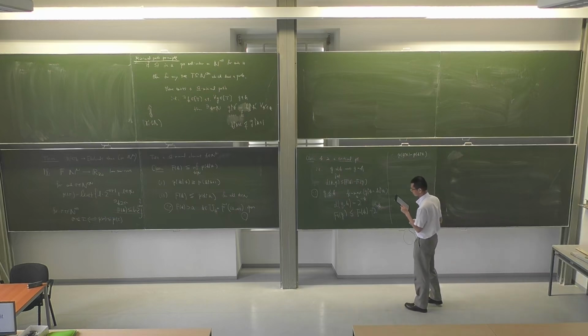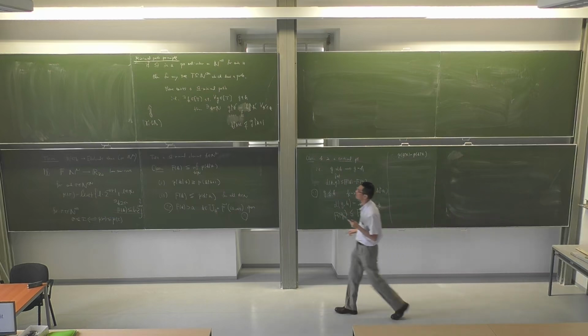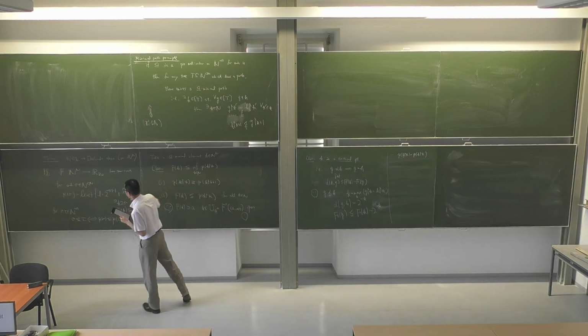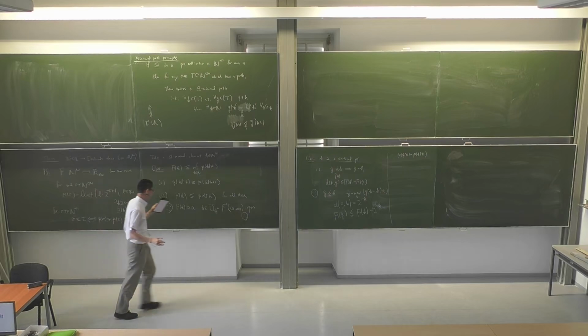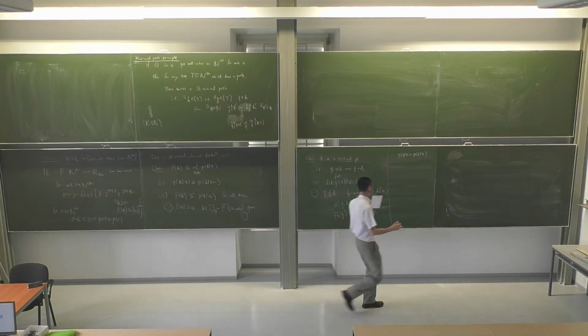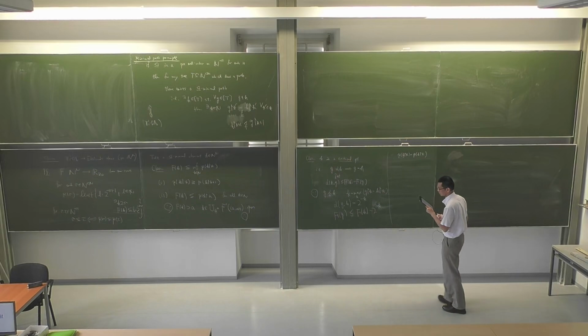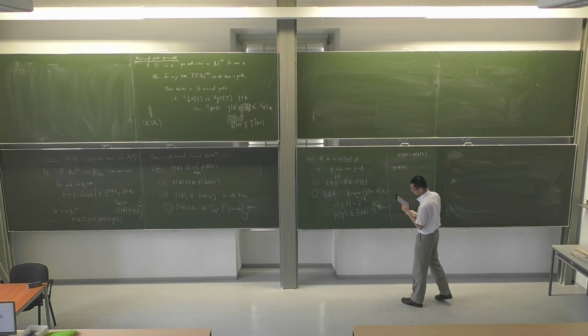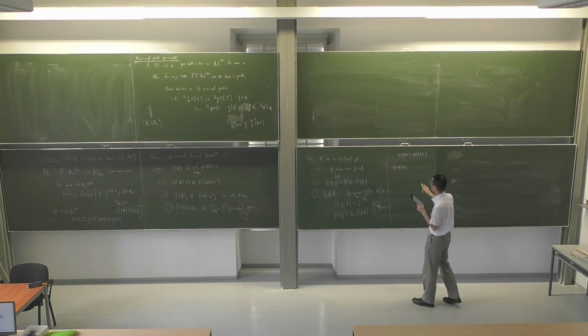And so by this minimality, I mean level by level minimality, that means p of this thing has to be smaller than f of g plus 2 to the minus k minus 1.